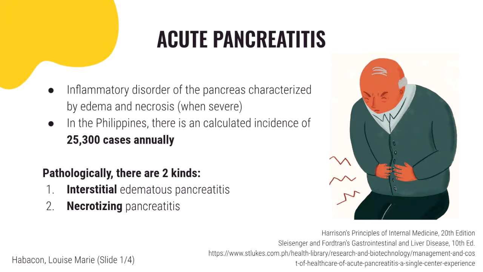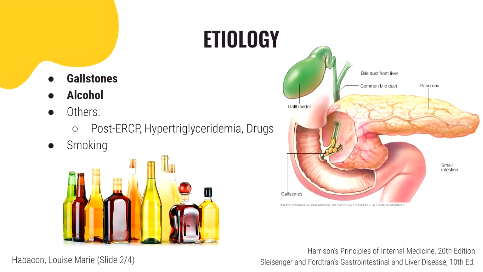Acute pancreatitis is caused by the following. The most common of these is gallstones. Gallstones, especially those smaller than 5 millimeters, have a greater risk of causing acute pancreatitis. If you look at the picture on the right, stones smaller than 5 millimeters block the pancreatic duct, therefore impeding the flow of enzymes from the pancreas to the duodenum.